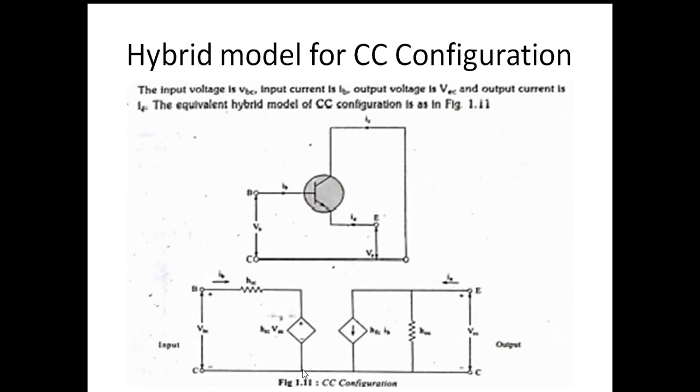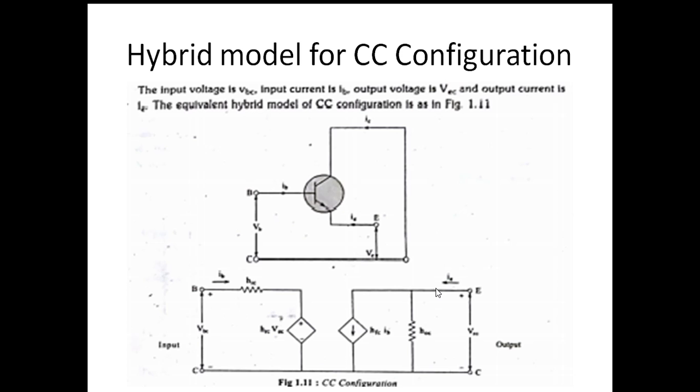Next, from the second equation, that is the output current equation, IE is equal to the sum of two currents: IE is equal to HFC IB plus HOC VEC.